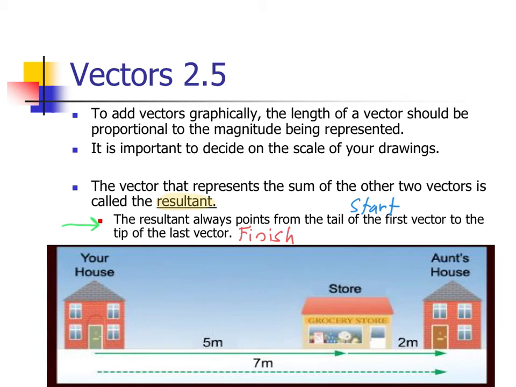Such as the example in the picture. From your house, you go to the store. 5 meters, could be 5 kilometers. The distance is arbitrary, meaning it doesn't matter. And then you go to your aunt's house.